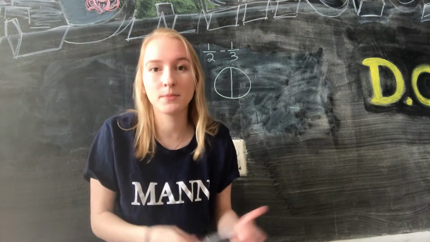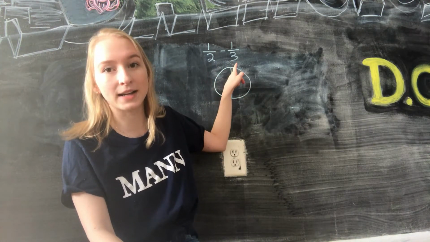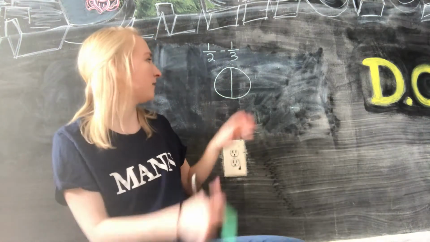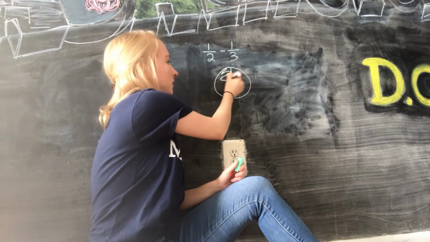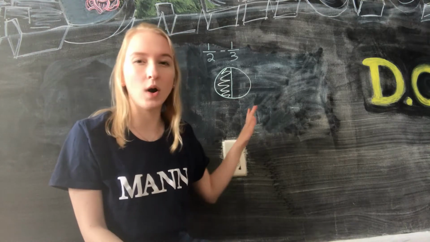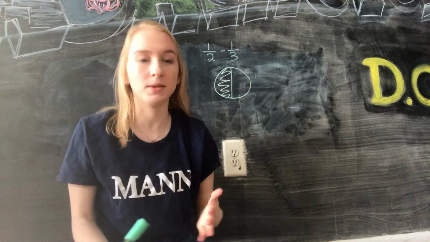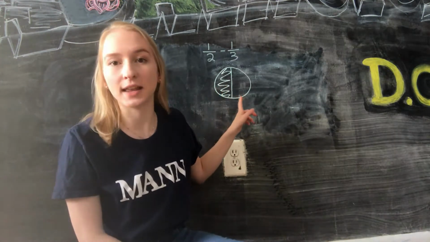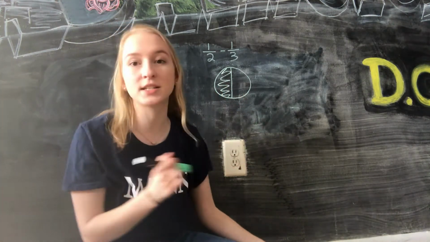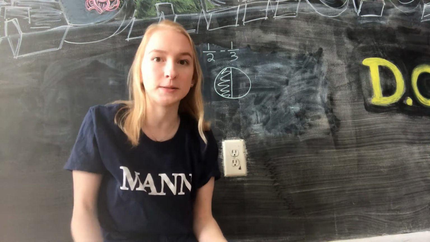Where it becomes important is, say that I have this problem here. I have 1/2 minus 1/3. So we have 1/2, and we need to figure out how to take 1/3 out of this. Now, if this was a division problem, this would be easy. We would take this 1/2 and divide it into 3 sections, and then one of those sections would be our answer.